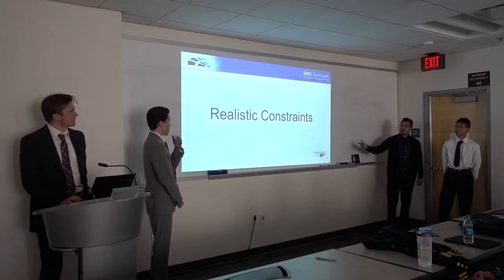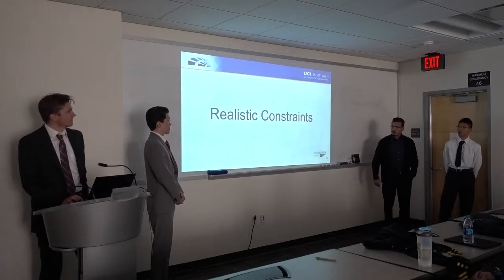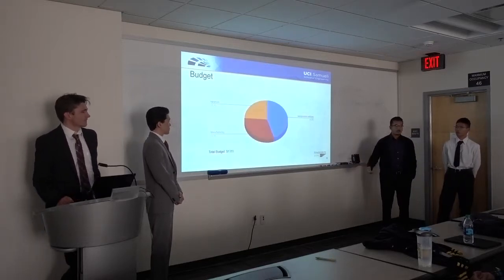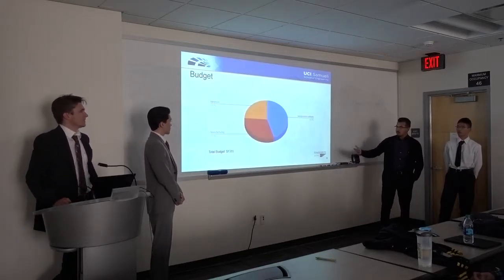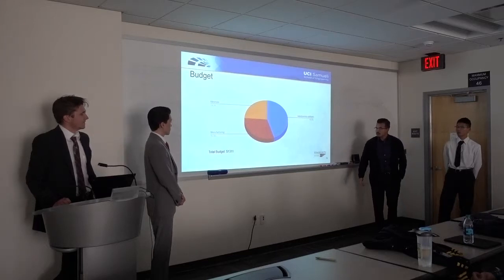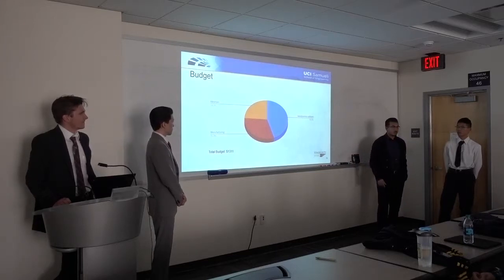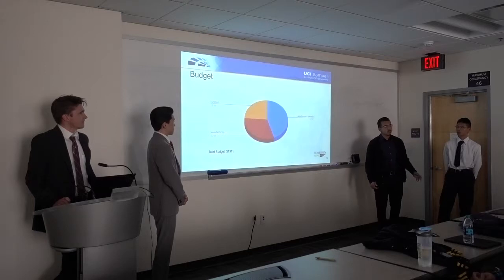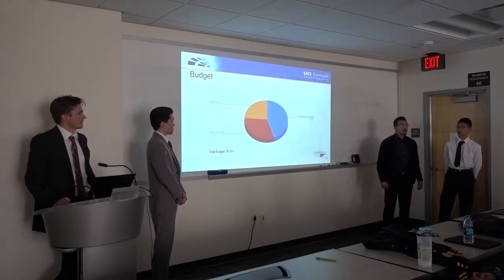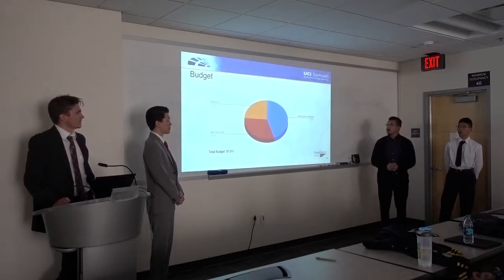So in terms of realistic constraints, here's a simplified version of our budget. Total cost would be $1,311. About 44% of that goes towards purchasing the software that the aerodynamics team used. Two licenses of the software were purchased.